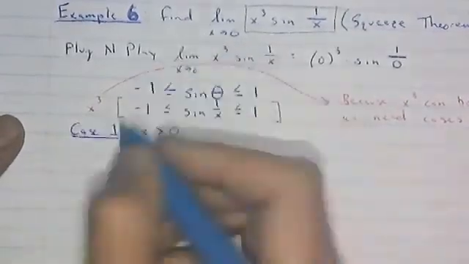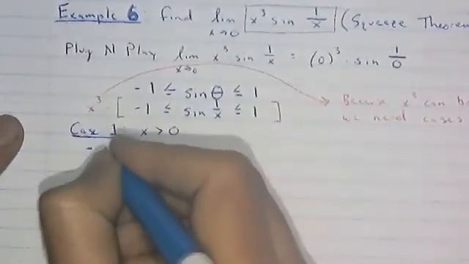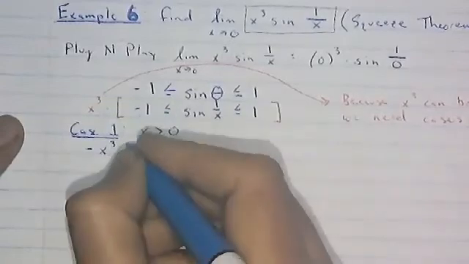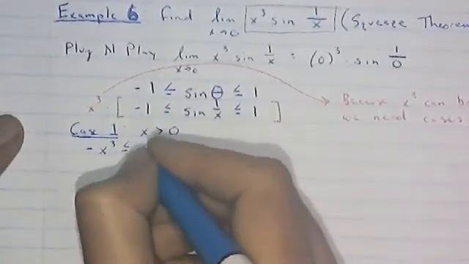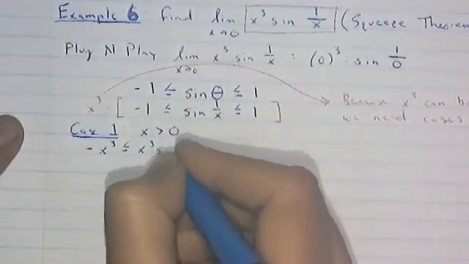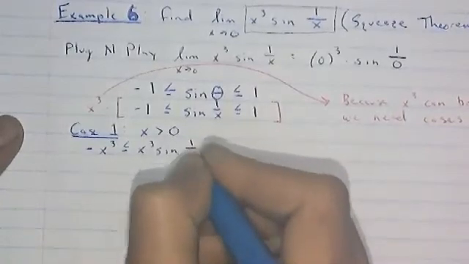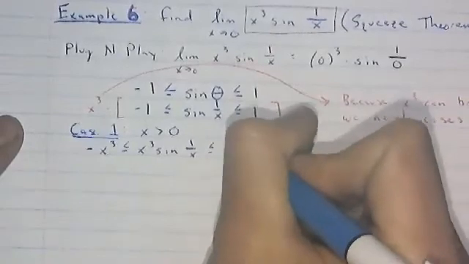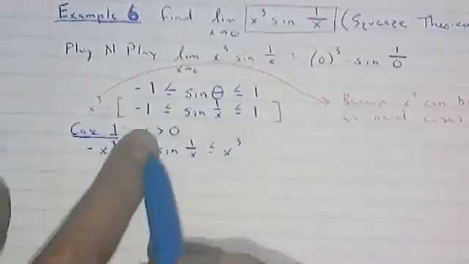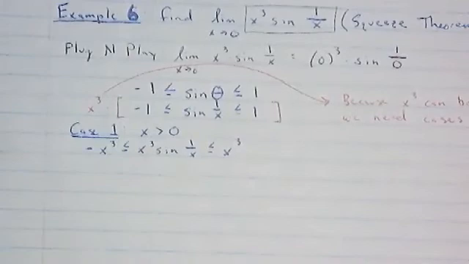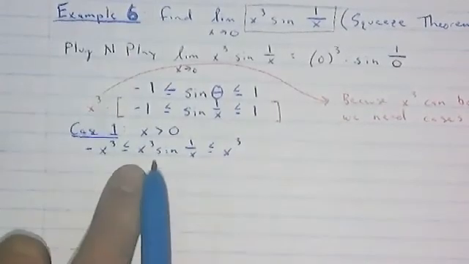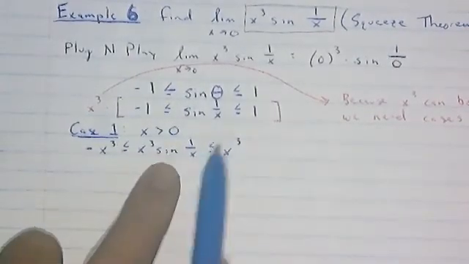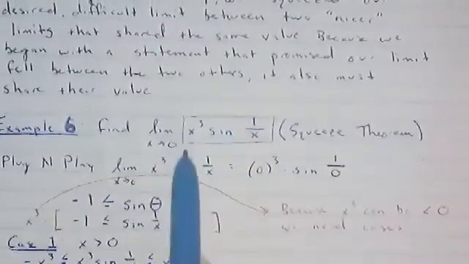So x cubed times -1 is negative x cubed, which is less than or equal to x cubed times the sine of 1 over x, which is less than or equal to x cubed. No need to flip anything because we multiplied by a positive number. Now we've got in the middle x cubed times sine of 1 over x, which is where we started.